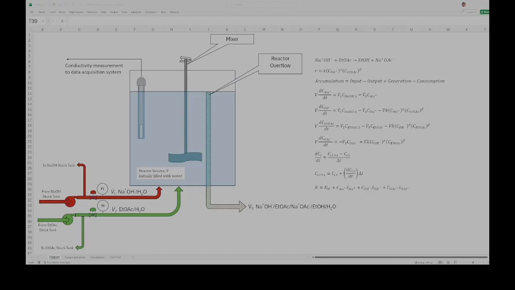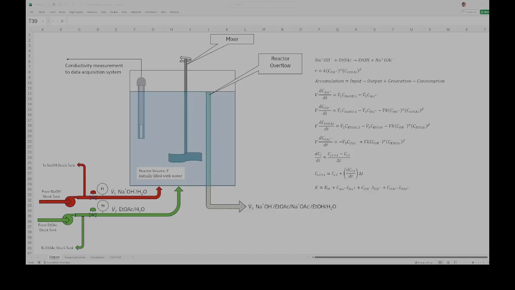Let's look at the overall governing material balance equations. We have ionic species of sodium hydroxide in water. It's going to react with the ethyl acetate that's in water to form ethanol and sodium acetate.